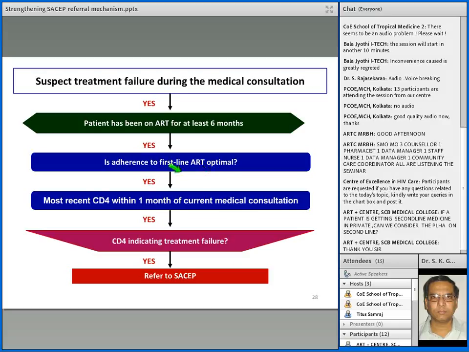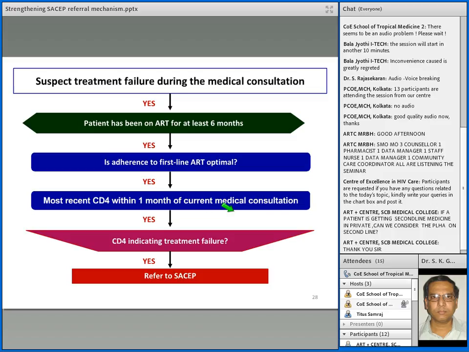But if you consider that yes, your patient is having very good, documented adherence, then you need to look into the CD4 count. What is the most current CD4 count? Is it done within a month of the current medical consultation when you suspect treatment failure? If yes, then it's fine. Otherwise, you need to repeat the CD4 count at that medical consultation. This is important.